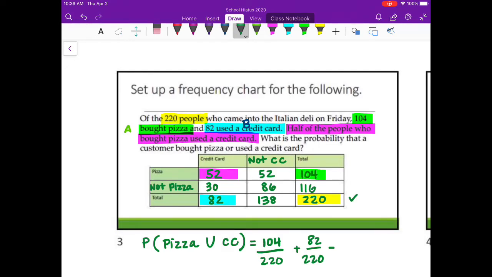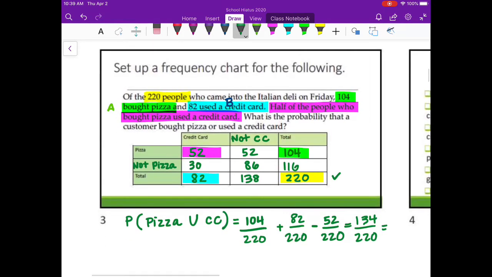And the overlap of pizza and credit card is 52. We'll add and subtract to find the probability, which gives us 134 out of 220, which simplifies to 67 out of 110, or 61%.